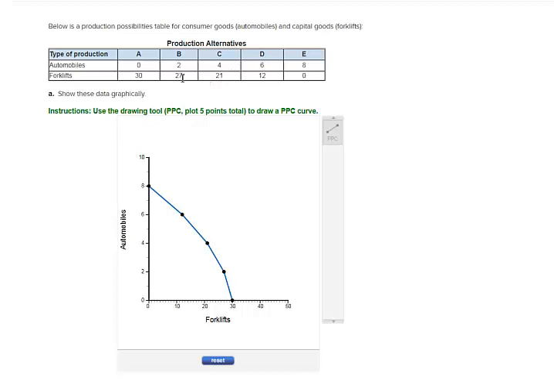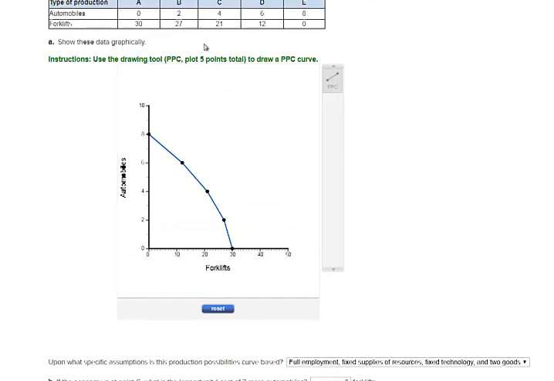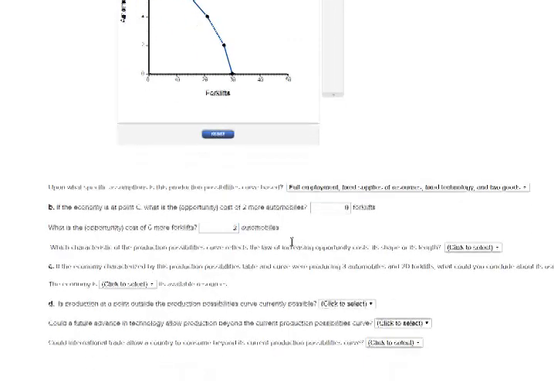When you go from 21 to 27, that's 6. You're giving up 2. And then when you go from 27 to 30, that's 3 forklifts. You're giving up 2. So the question said, what is the opportunity cost of 6 more forklifts? That would be here. When you add 6, you're giving up 2 automobiles. So the answer is going to be 2.